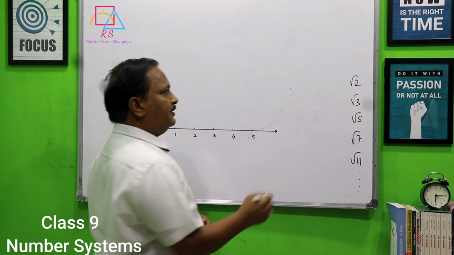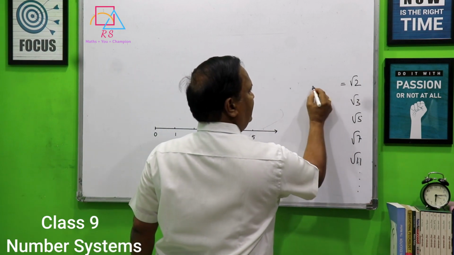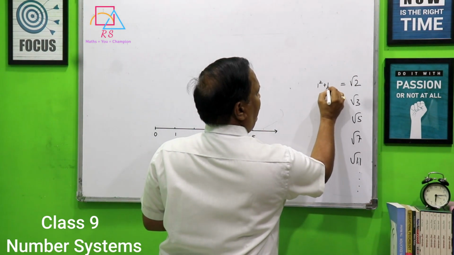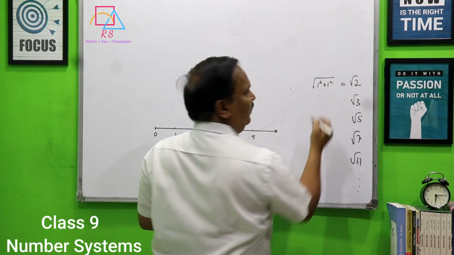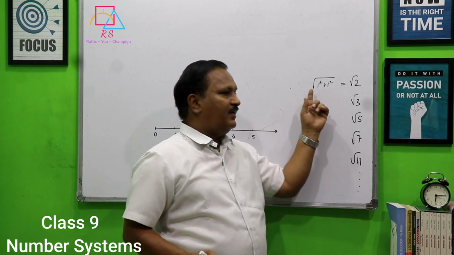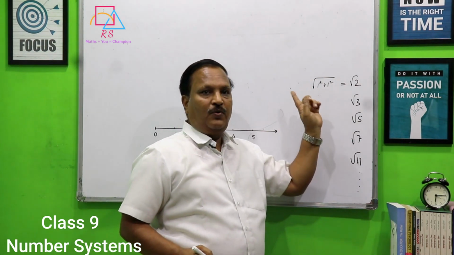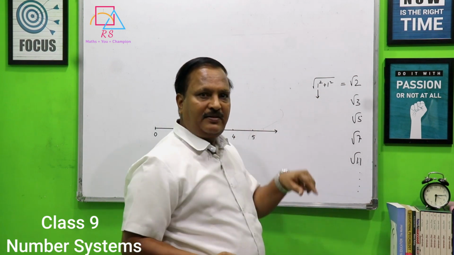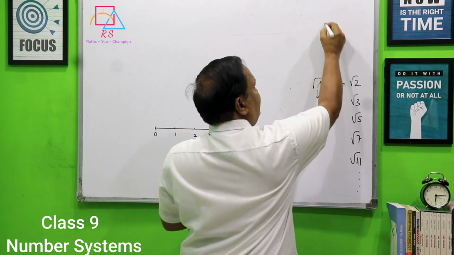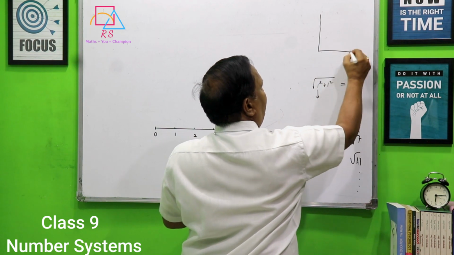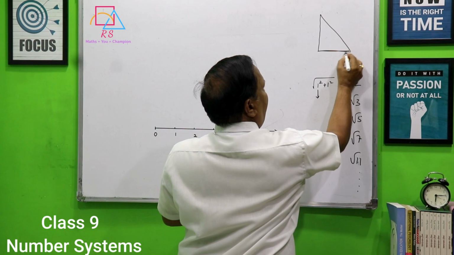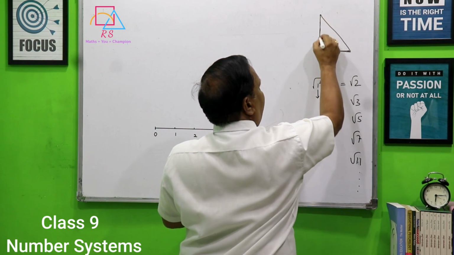Okay. Now this you have to put it in terms of 2 squares. So 1 square, 1 square. 1 square is 1, 1 square is 1, 1 plus 1 root 2. Why this? This will be one side because we are using Pythagoras theorem. Pythagoras theorem is a right angle triangle will be there. This is one side and this is one side.